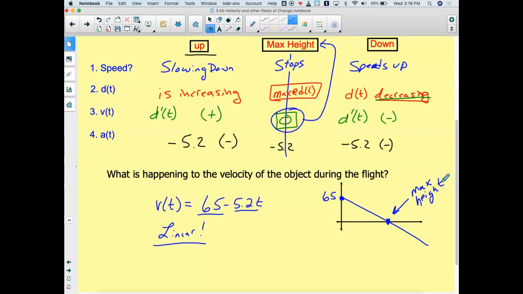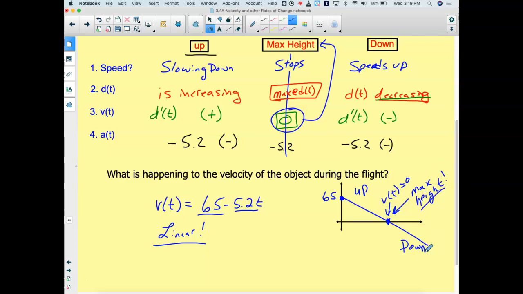And I can also see that before that, this is going up, and then this is going down, and I can read this off of here. So as I'm going up, and then right here, v of t equals 0, which means it's a max height. And then it's going down.